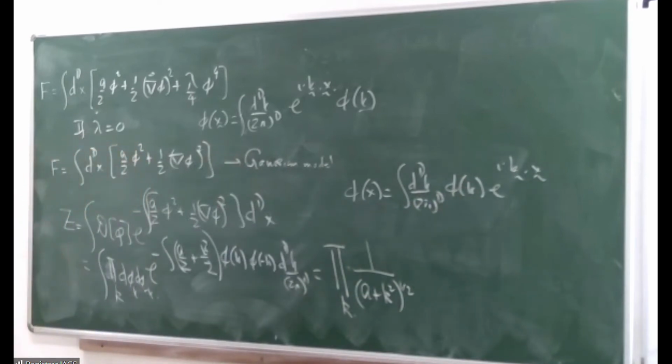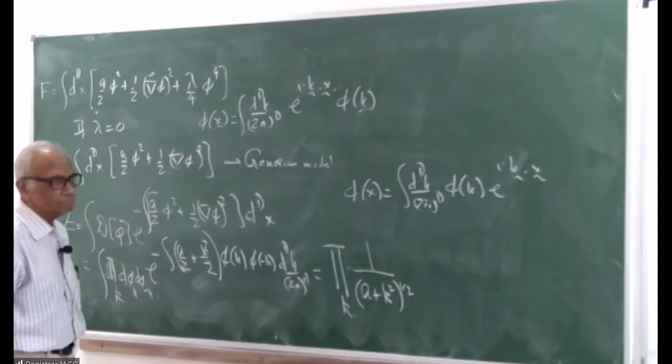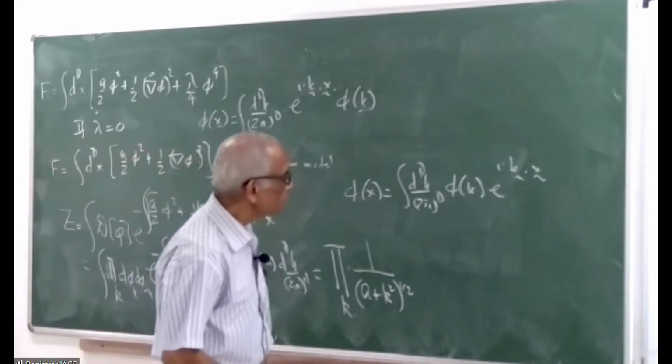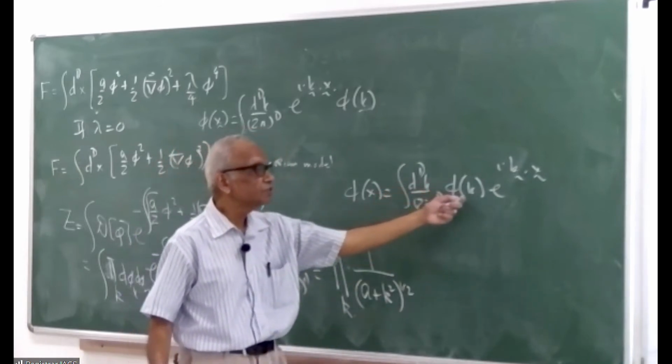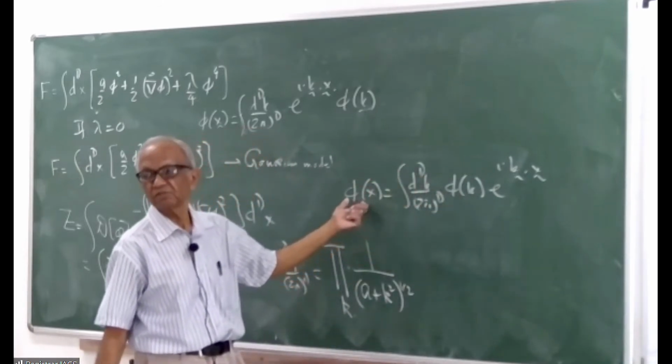Yeah, φ(x) is. So you can easily check that φ(k) is found. Now write the inverse transform.